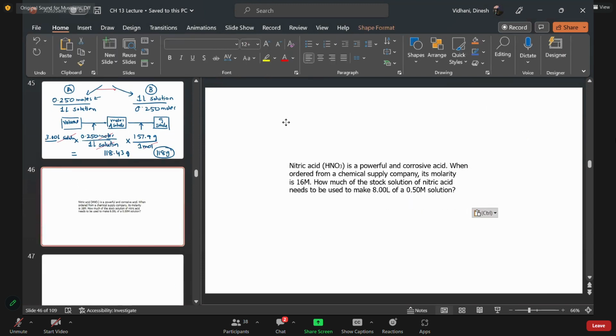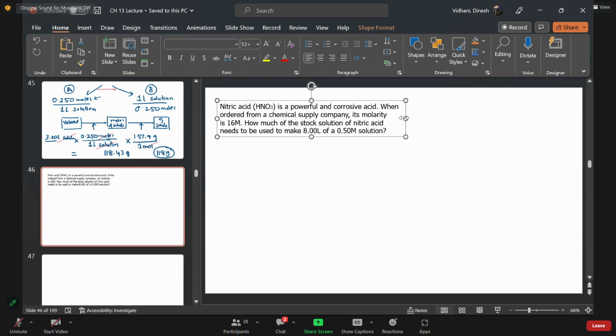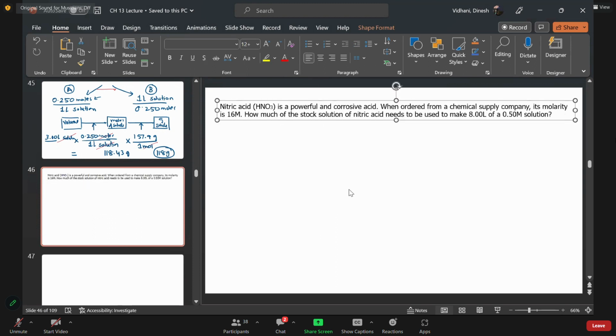Oh, it works. By the way, guys, before I proceed further, you remember last time Abraham mentioned something about the exam? Remember that? All of you were there? Basically, Abraham mentioned at the end of the lecture that there were 3 questions which were carried forward from this chapter into the previous exam.